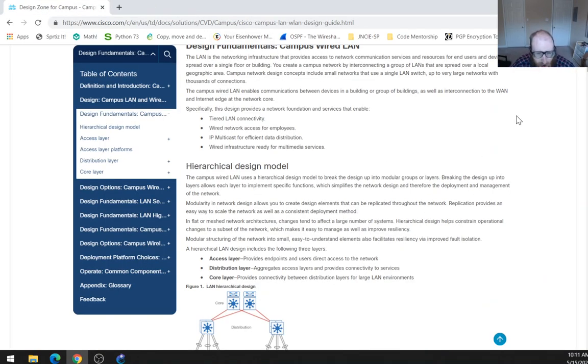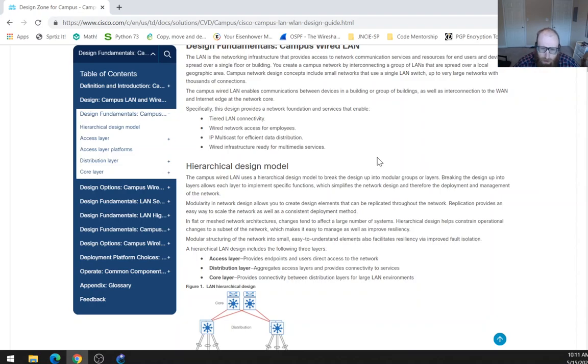But this is a hierarchical design model. The campus wired LAN uses a hierarchical design model to break the design up into modular groups or layers. Breaking the design up into layers allows each layer to implement specific functions, which simplifies the network design and therefore the deployment and management of the network.